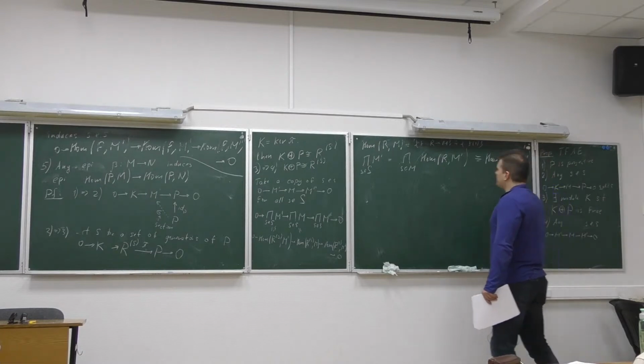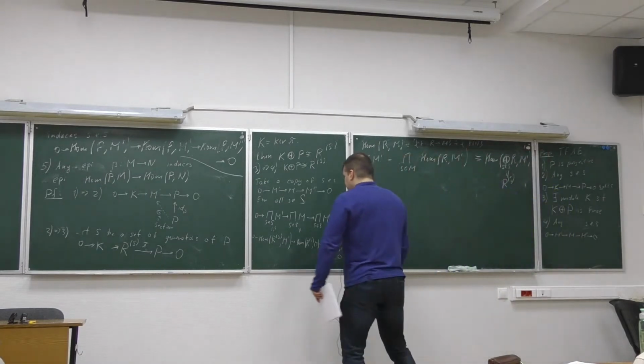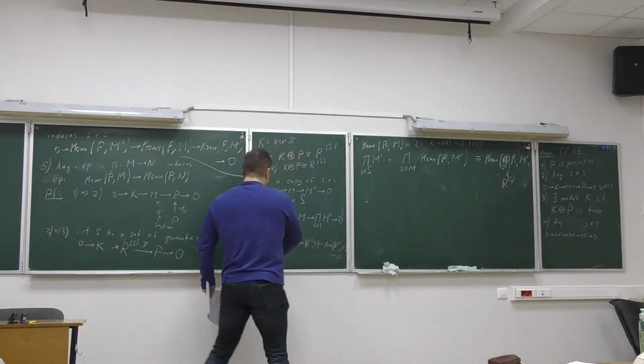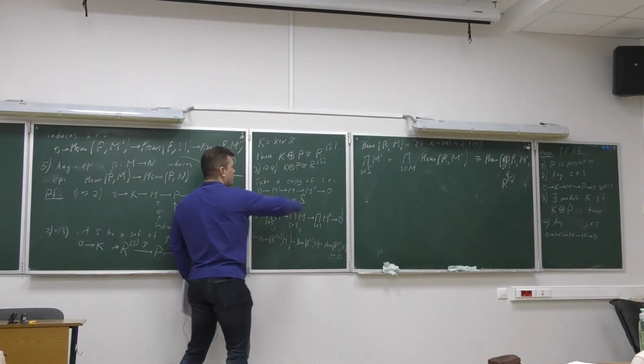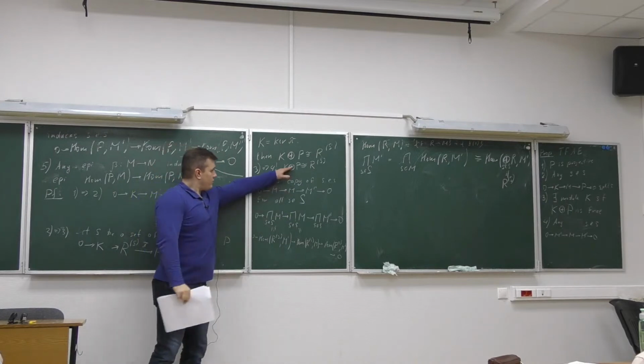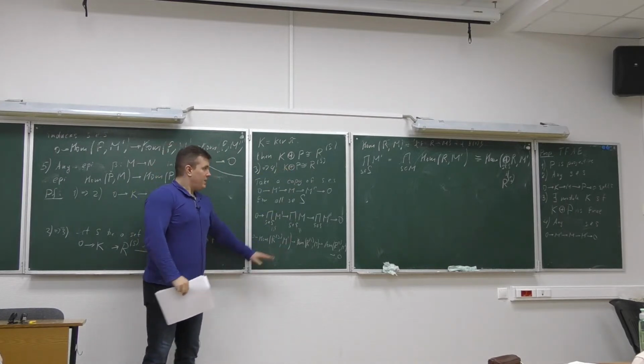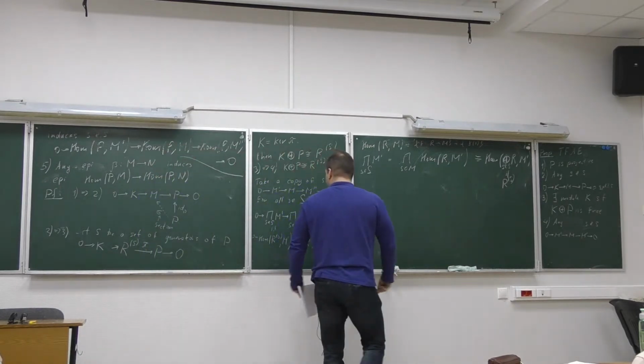So this gives you a bijection of sets, but of course you can check that this construction is actually an isomorphism of modules. Okay, so the next step is to use our assumption that K plus P is this free module, and just plug this formula into this Hom.